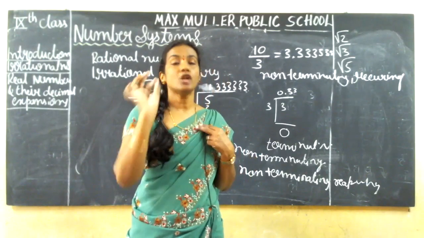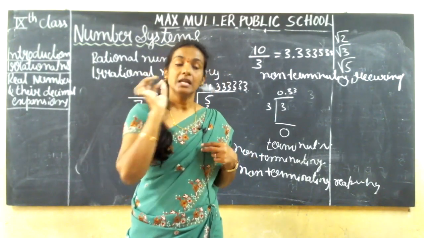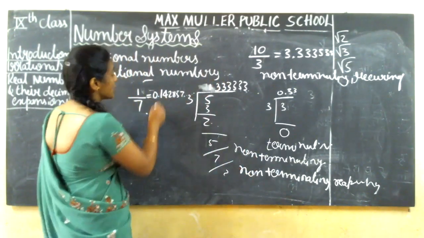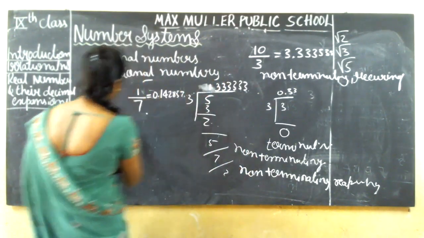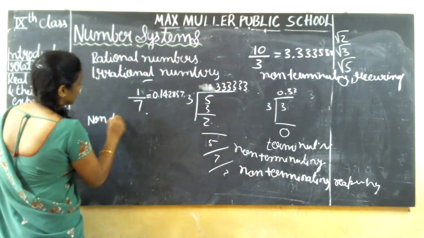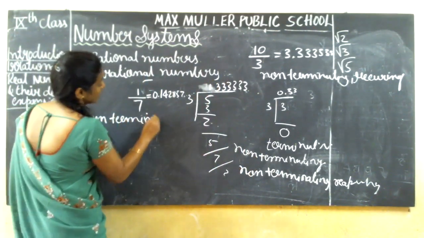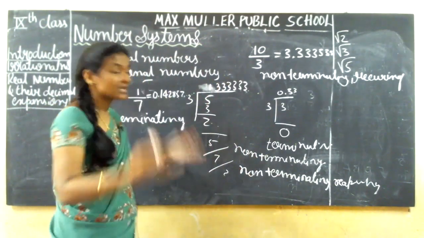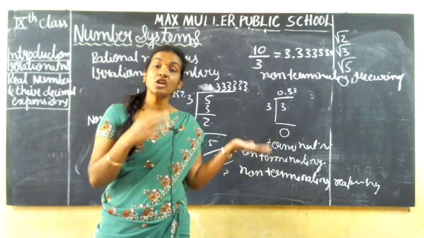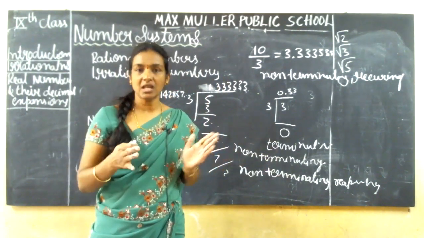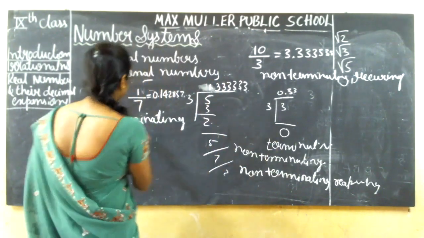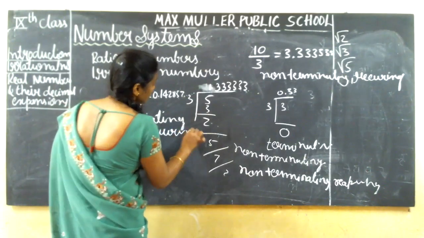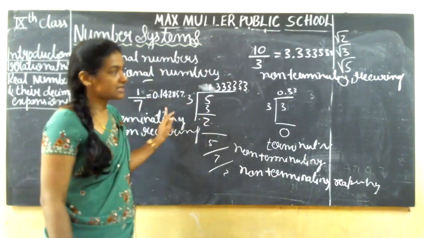It will be a non-terminating number. If it is non-terminating, then you can see in the quotient place 1, 4, 2, 8, 5, 7. Next, it is non-recurring also. The numbers are not repeating here. So this is non-recurring also. These are the 3 examples.